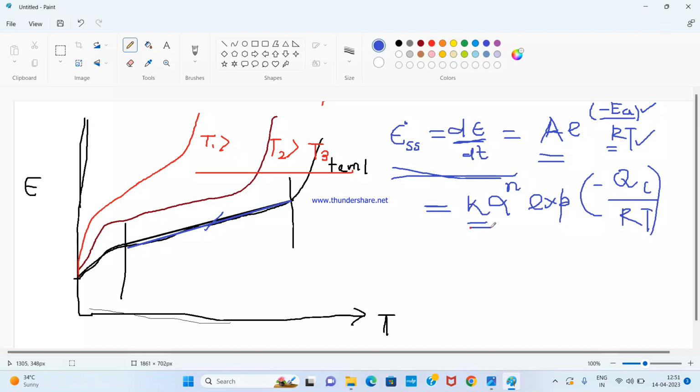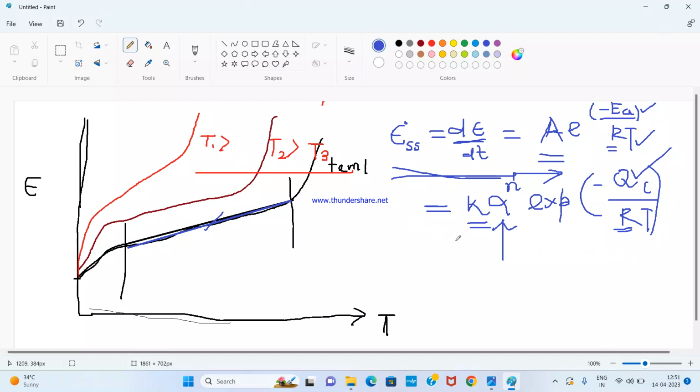K is a material constant, sigma is the applied stress, that is the constant loading, and n is the stress exponent, which also depends on the material. QC is the activation energy for creep, R is the gas constant, and T is the absolute temperature.